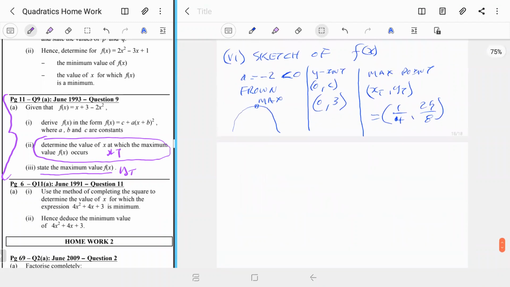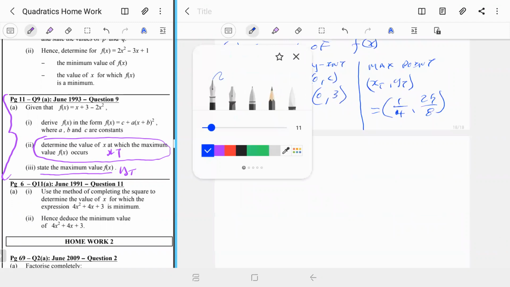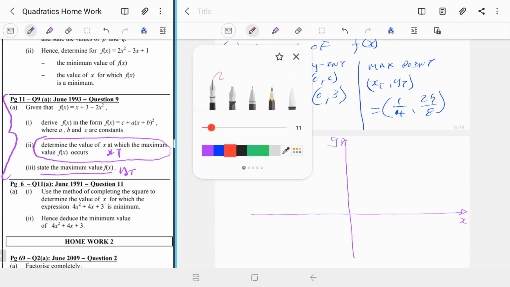This is a sketch. It's got to be very accurate. Let's try it in another color. So y-axis, x-axis. All right, let's try it in red.